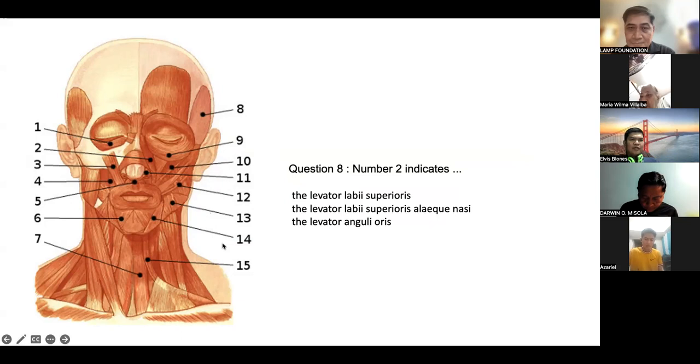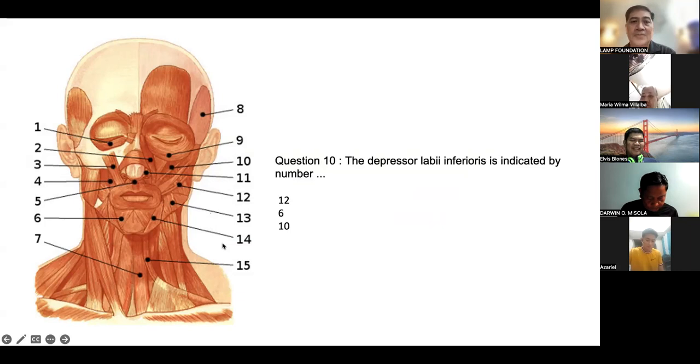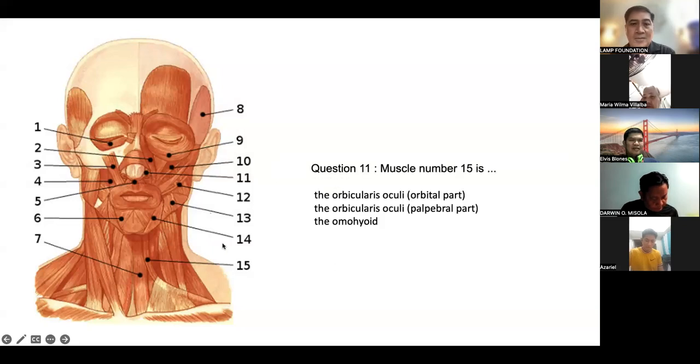Number 2, the levator labii superioris alaeque nasi. Okay, very good. The sternohyoid is indicated by number what? Number 7. The depressor labii inferioris is indicated by number what? Number 6. Muscle number 15 is what? Number 15 is the omohyoid.